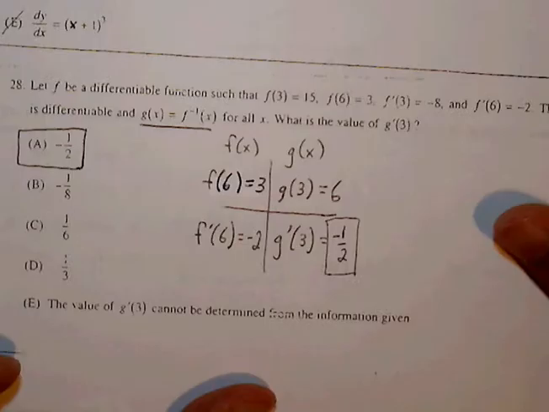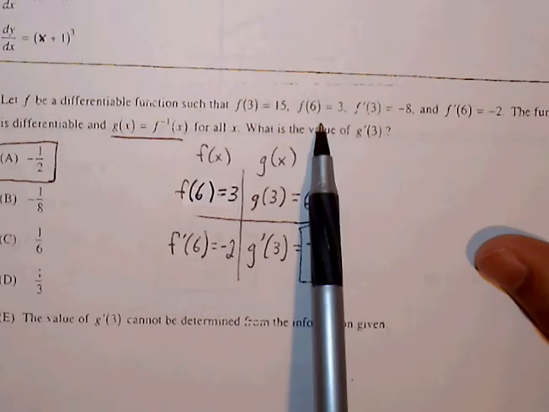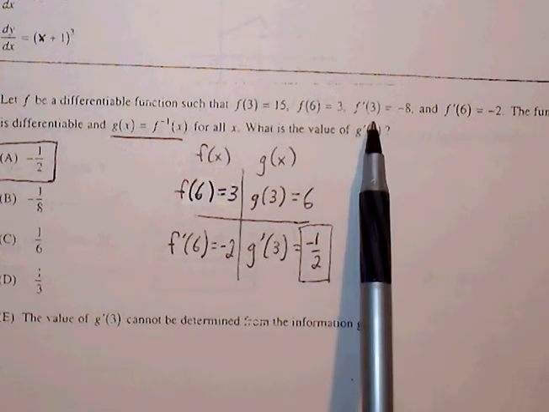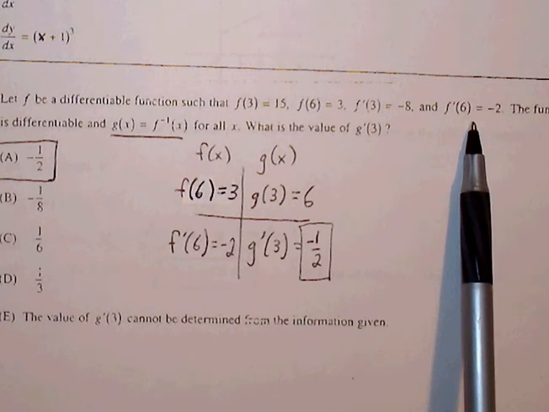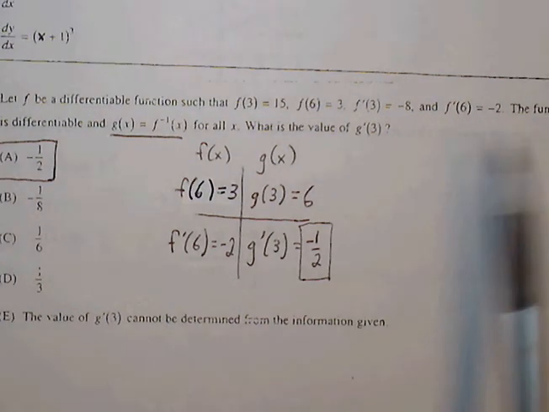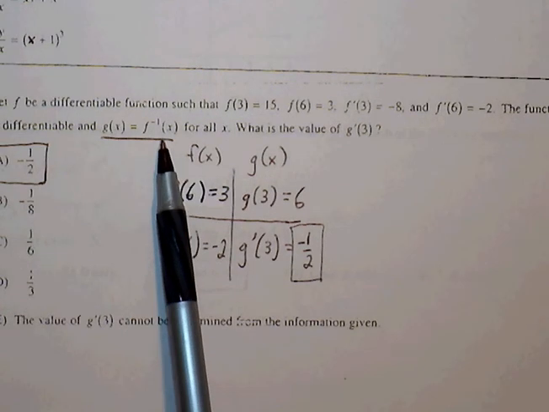Okay, finally 28. We have our differentiable function where f of 3 is equal to 15, f of 6 is equal to 3, f prime of 3 is -8, and f prime of 6 is equal to -2. And we're told that our functions g of x and f of x are inverses of each other.